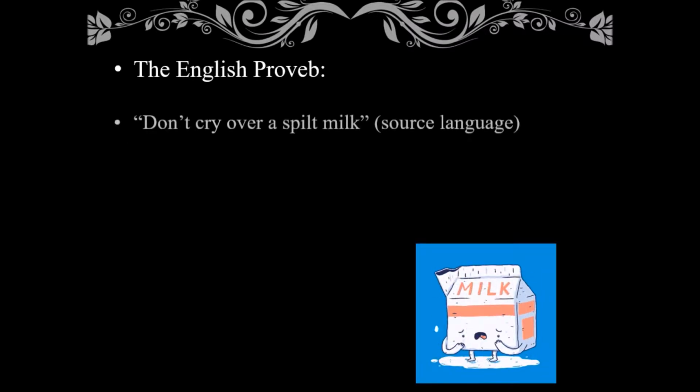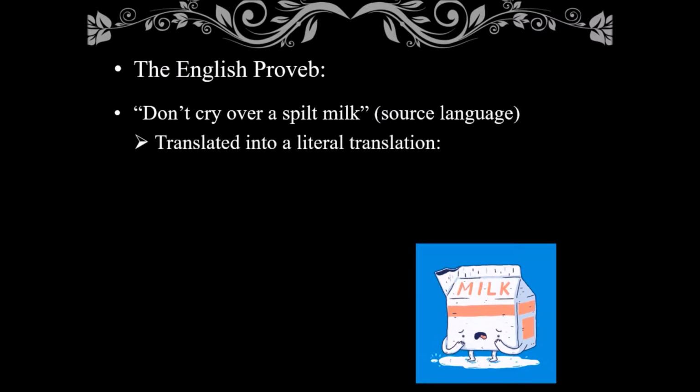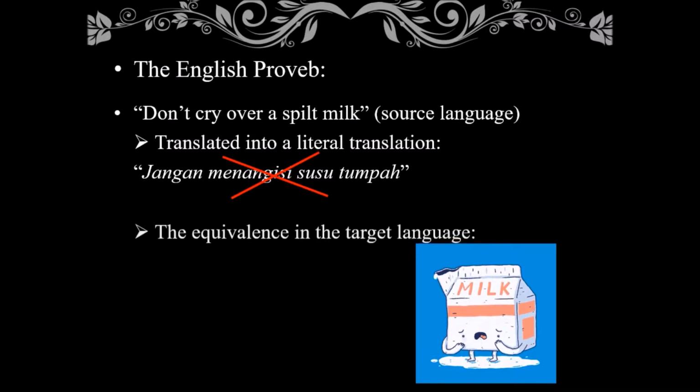Take the example of the English proverb "don't cry over spilled milk." If this proverb is translated literally, it becomes "jangan menangisi susu tumpah." But since it is a proverb, the translator cannot just translate it literally because it might contain a cultural aspect, in which, in Western culture, this proverb means don't be upset over something that is over or cannot be fixed anymore.